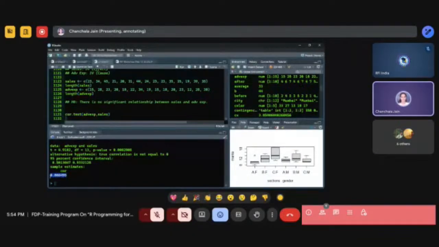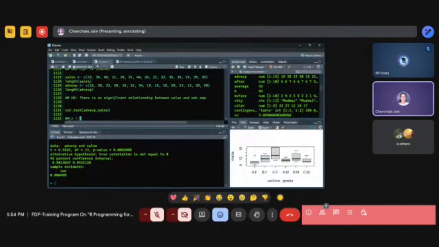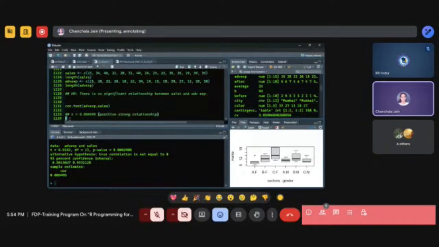So I can say that R is this. If R is 0.8, I think it is between 0.75 and 1, and the sign is positive, not negative. So it is a positive, strong relationship between the variables, right?